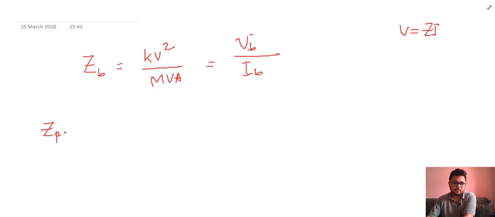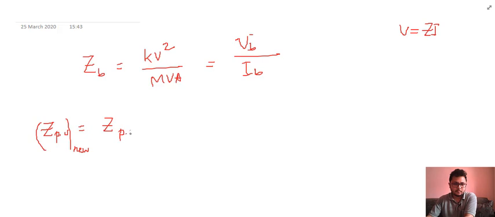Now if the values are already given in per unit, then what would be the formula? This is very very important. Z per unit new, suppose you need the new value from the old value.